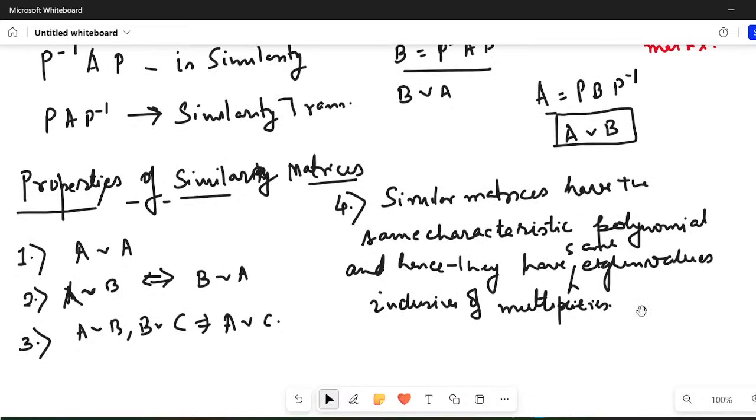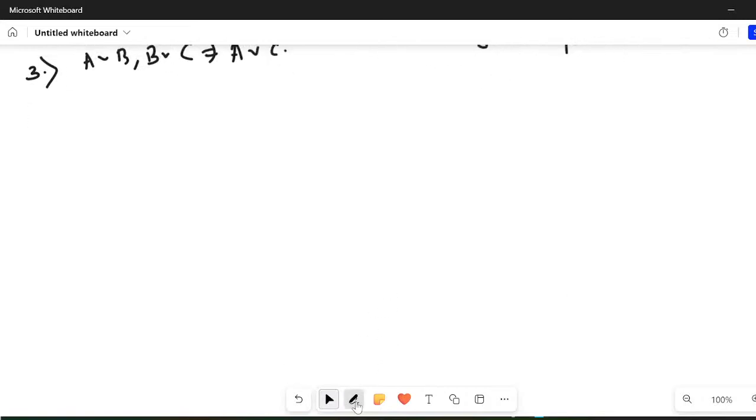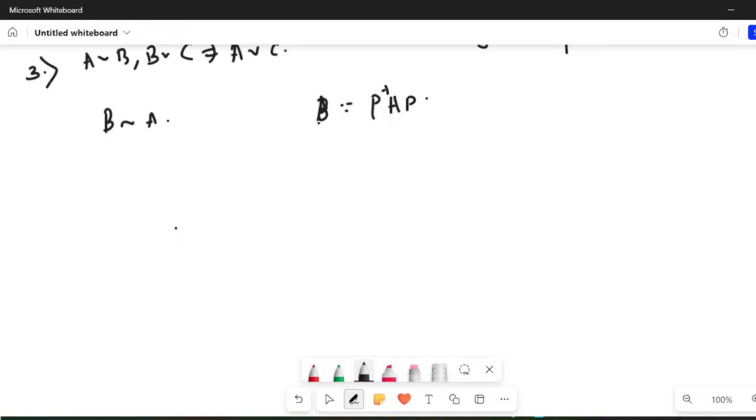What I wanted to suggest was this. Let us say that B is similar to A. Then what does it imply? I can write that B is equal to P inverse AP, or in other words, A is equal to P B P inverse.